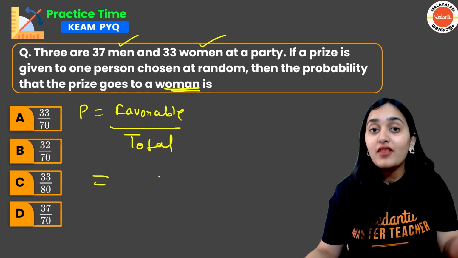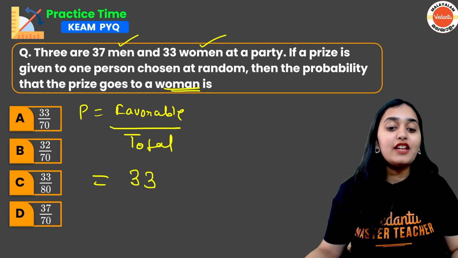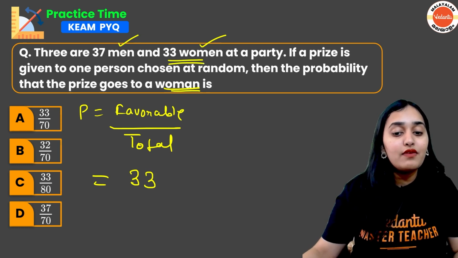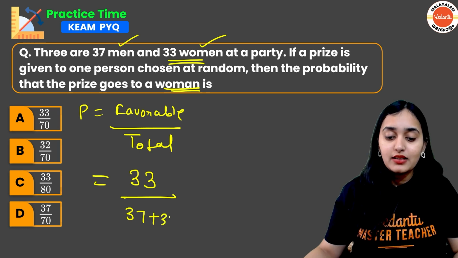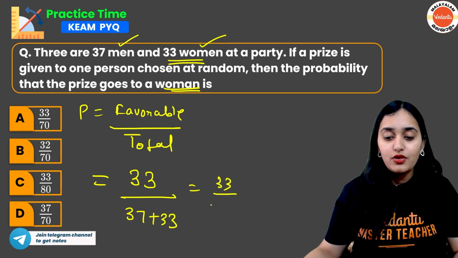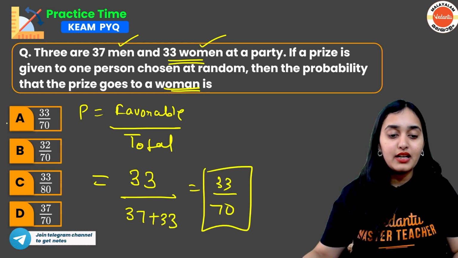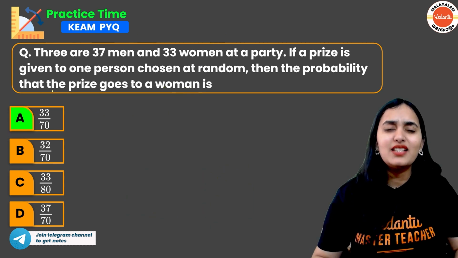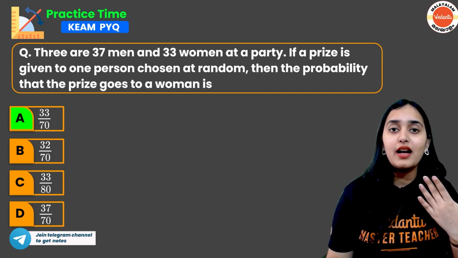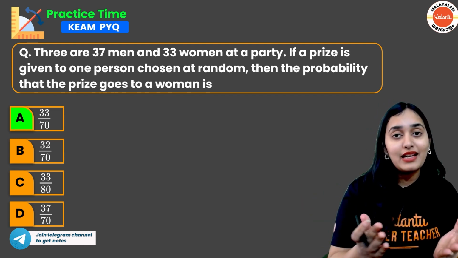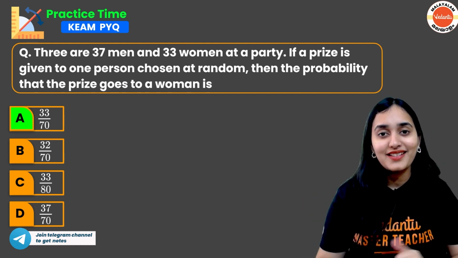So how many favorable outcomes are there? 33 favorable outcomes because 33 women out of total 37 plus 33. So this is 33 out of 70. Option number A. Right answer. This was so easy. Generally the questions will be very easy level because there are lots of questions and very little time given. So of course there will be easy level questions, right?